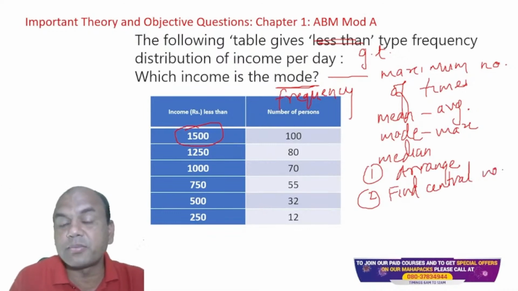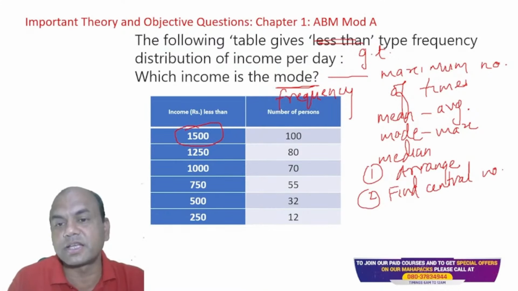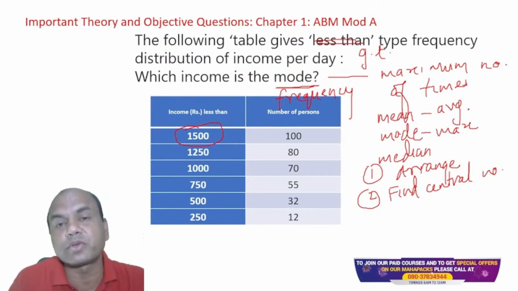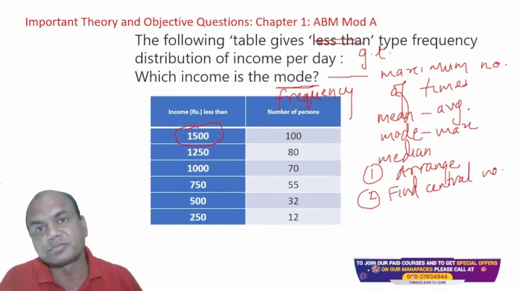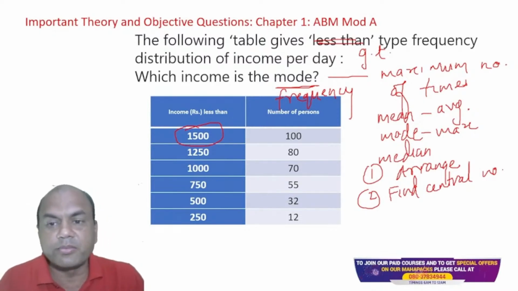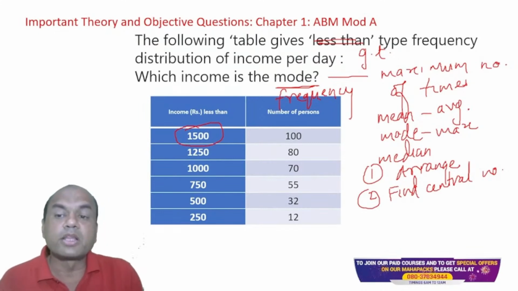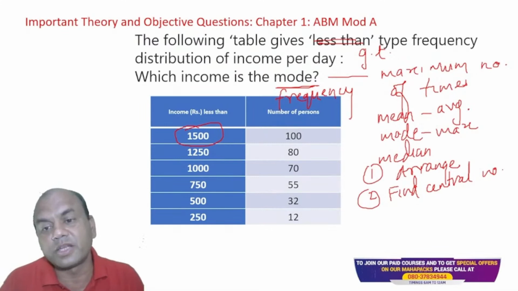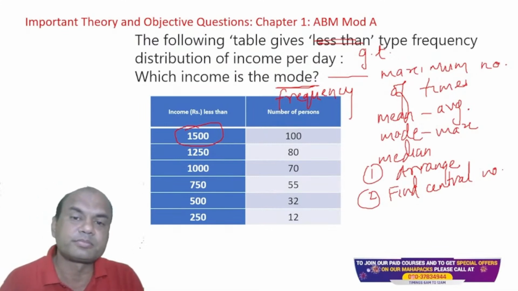So these three important terms are there in statistics. I gave you this because this question is only on mode, but you must understand, if the exam question is on mean, mode or median, anything, you must be able to answer it. Mean is average, mode is max, and median is arrange the numbers first and then find a central number.